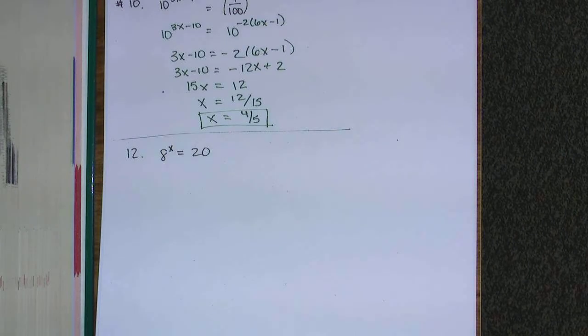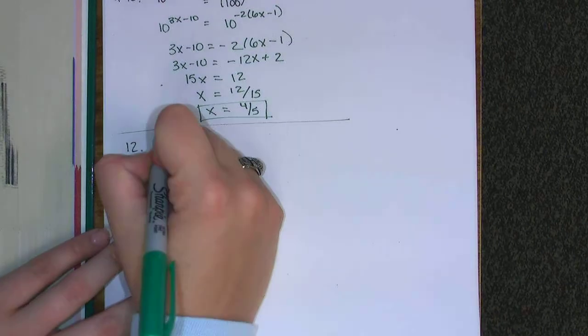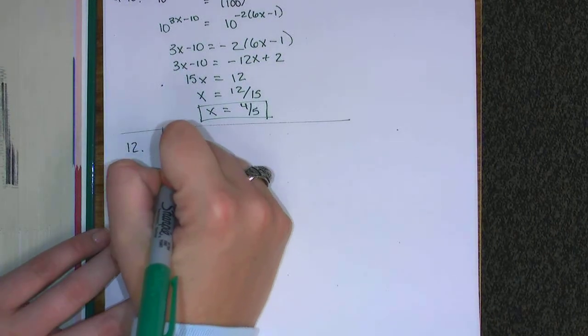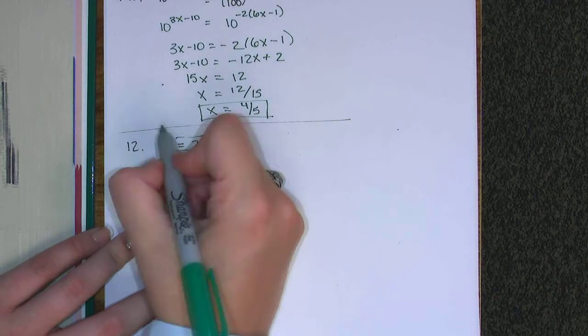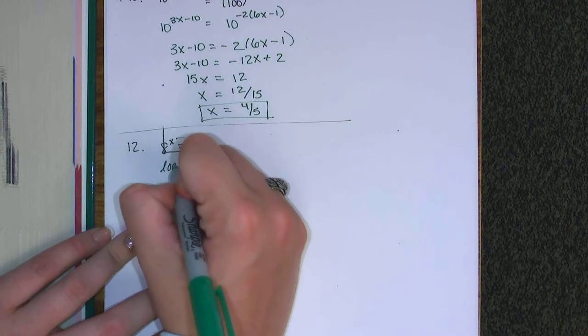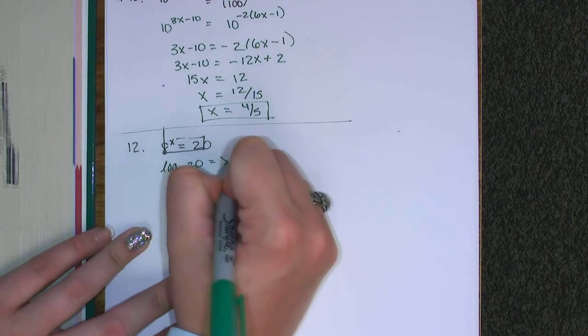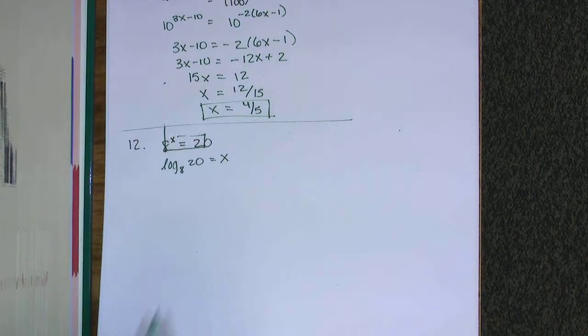However, if you remember back to what we did in 7.4, with changing things from exponentials to logs and logs to exponentials, with making the L and making the E, we can do that here. So I can draw down through the 8 over to the 20, back up into the x. So this gives me log base 8 of 20 is equal to x, based on using this L method.